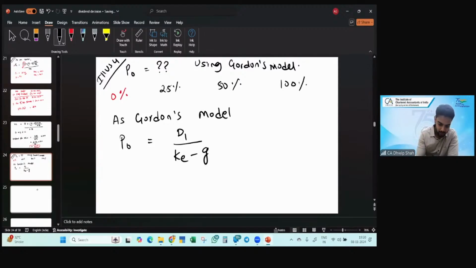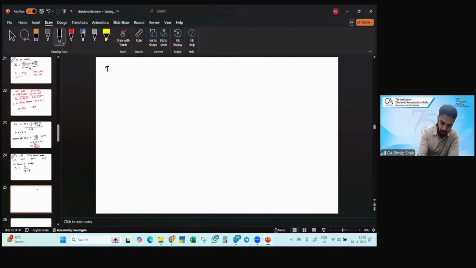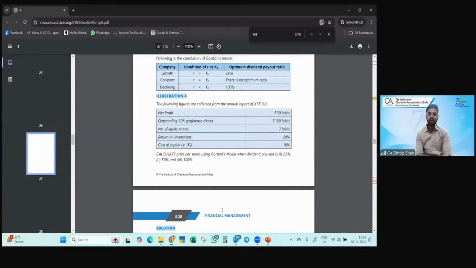Okay. So let's first solve at 25% payout ratio. We need three variables. D1, we need dividend. Dividend can be calculated by applying the payout ratio to earnings per share.